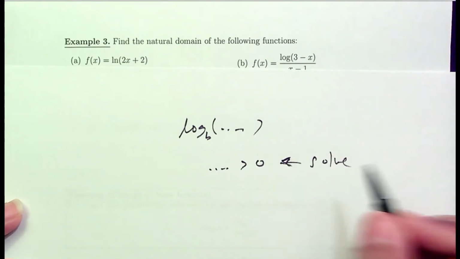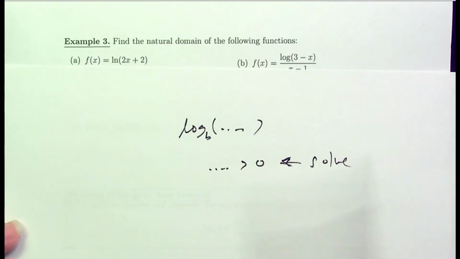If you are looking for the domain of a function, the first bullet point was fractions cannot have 0 on the bottom. So if you have a rational expression, the bottom cannot be 0. So you find all the x's that make the bottom 0 and discard those. The second bullet point was if you have radicals of even index, then the inside has to be bigger than or equal to 0.